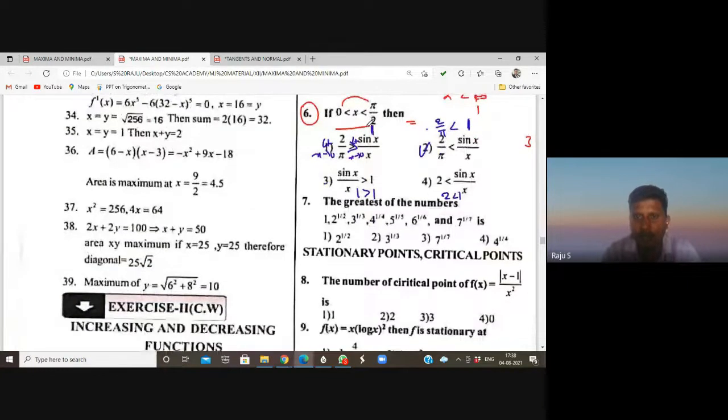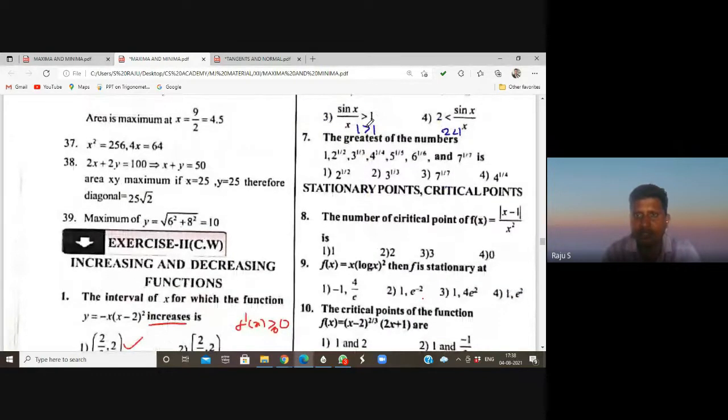Okay, students, right. Now coming to here, see here it is in the form of x power 1 by x. When I take x is equal to 1, you will get the first value. When I take x is equal to 2, we will get 2 power 1 by 2. If you take 3, 3 power 1 by 3. Like that.